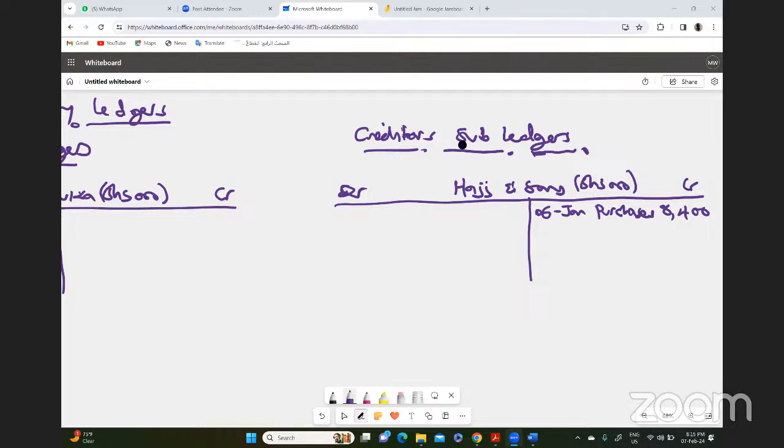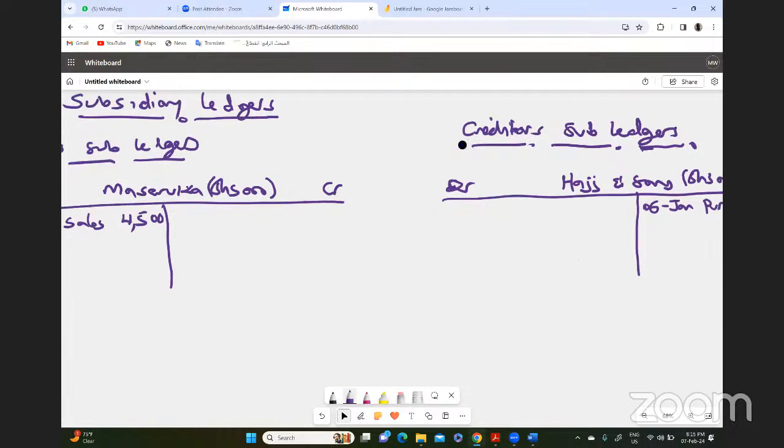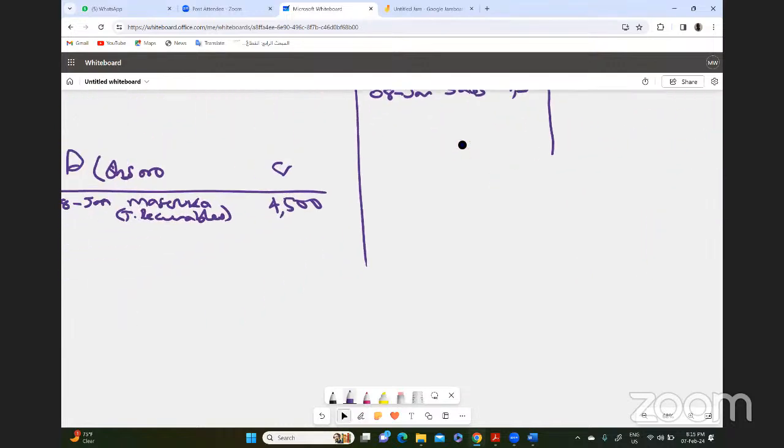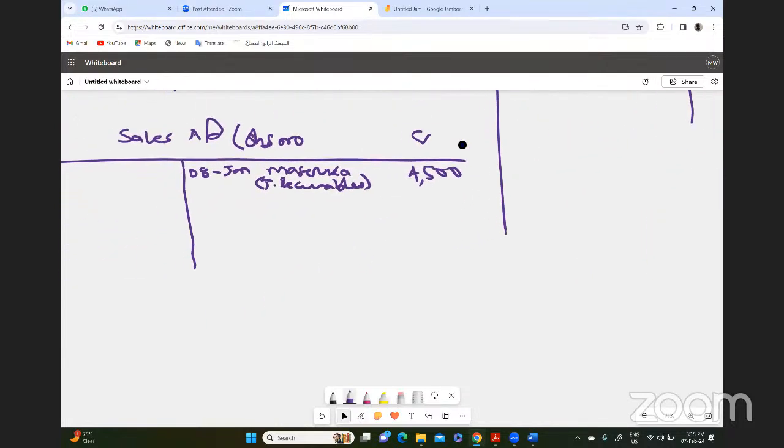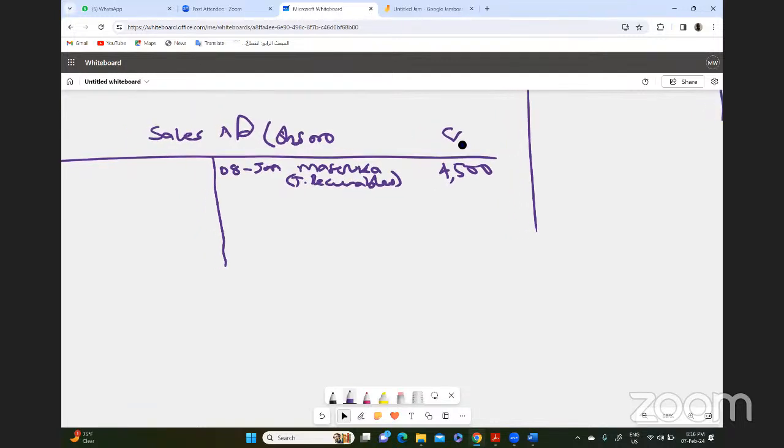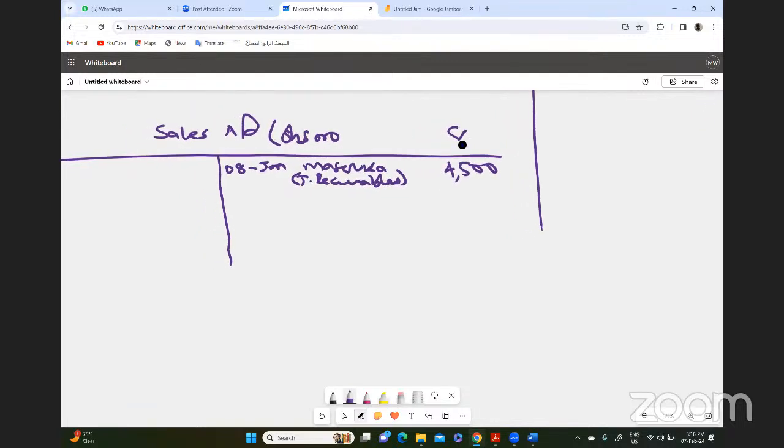A general journal is a book of original entry, but a general ledger is not a book of original entry.